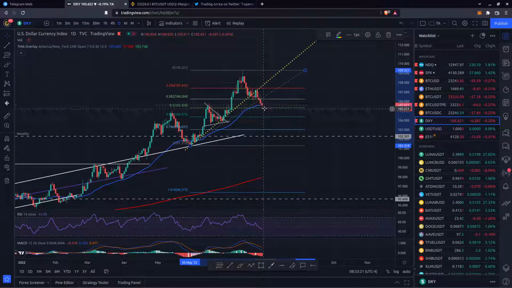So my hope is that it really supports here and the dollar goes up from there, at least until my short position hits the take profit. I would want the dollar to continue moving up, but this is the most concerning for me.